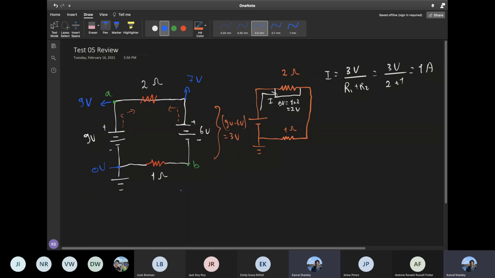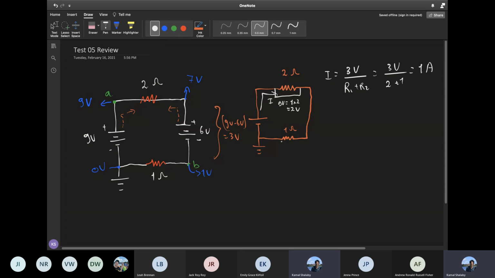Does anyone know? Just throw a guess. If you know that the potential difference of the battery is 6V, yes indeed, it's going to be 1 volt. And you can check that again.